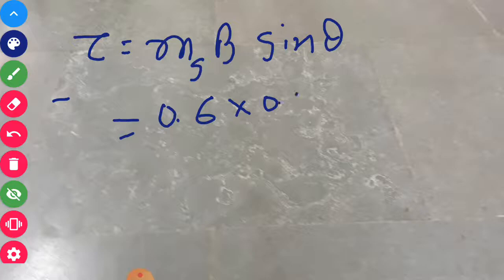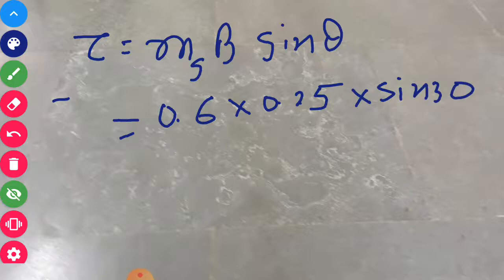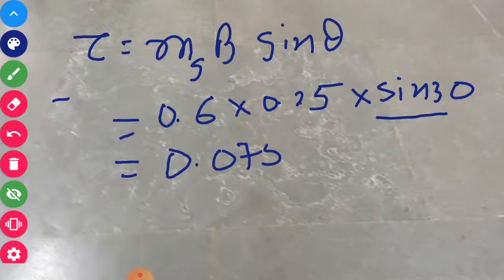The magnetic field is 0.25 and the angle is 30 degrees, so sin 30. Now we just have to multiply; sin 30 is 0.5, or 1 by 2. So you will get 0.075 Newton meter as torque, and the direction of the torque will be according to the right hand screw rule.